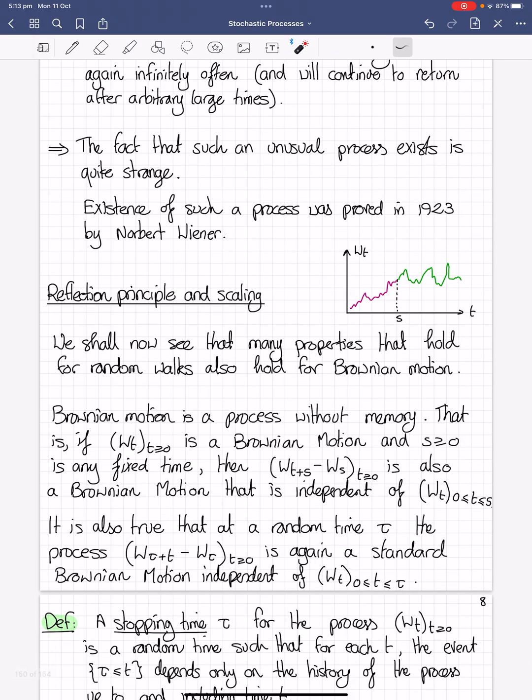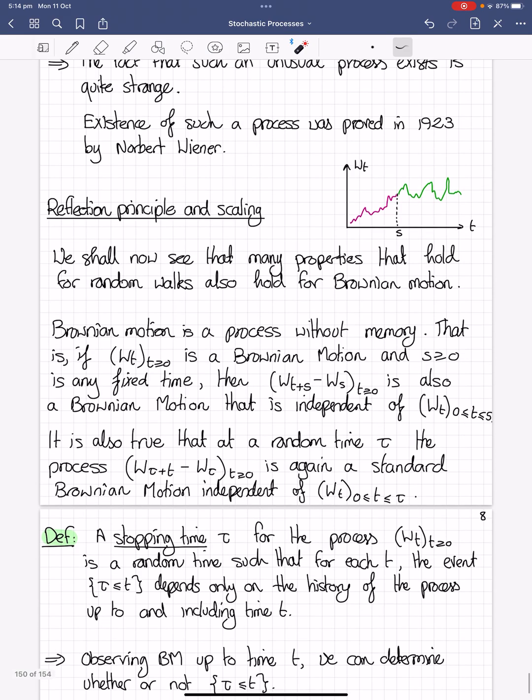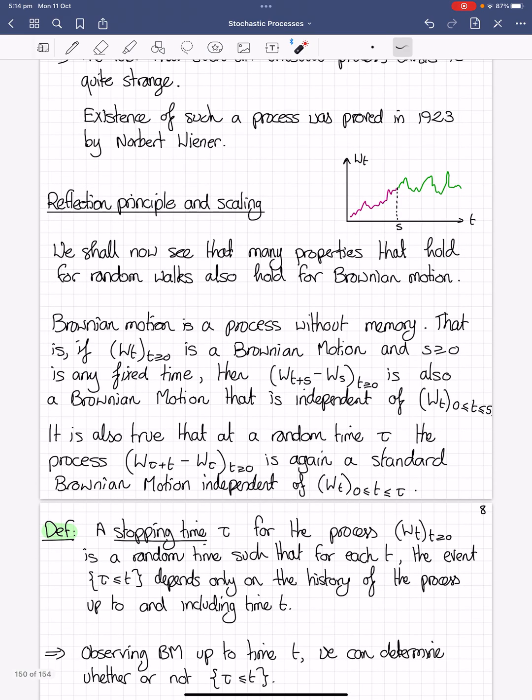Now that we've defined a Brownian motion, I'm not going to get into the proof of the existence of a Brownian motion, at least not this week, but I want to start to look at some of the properties of Brownian motion. I want to show you that some of the nice properties that we saw for random walks also hold for Brownian motion. The first thing we should know is that the Brownian motion is a process without memory.